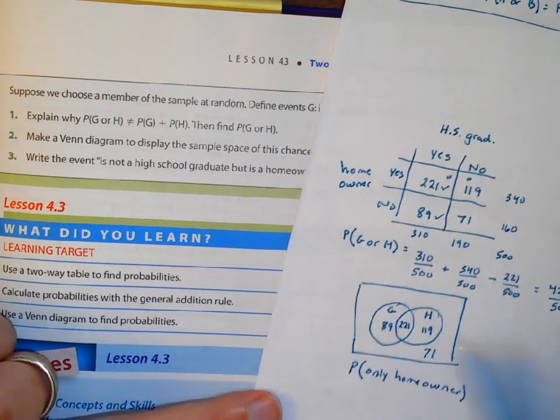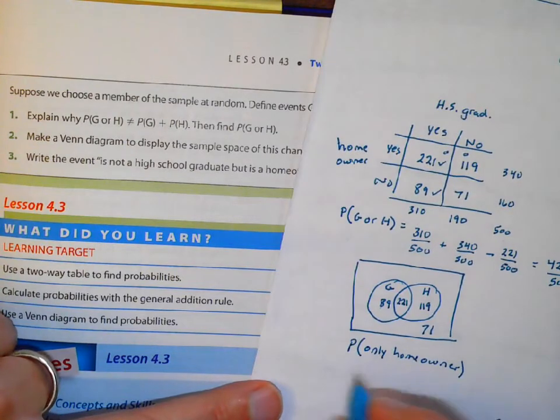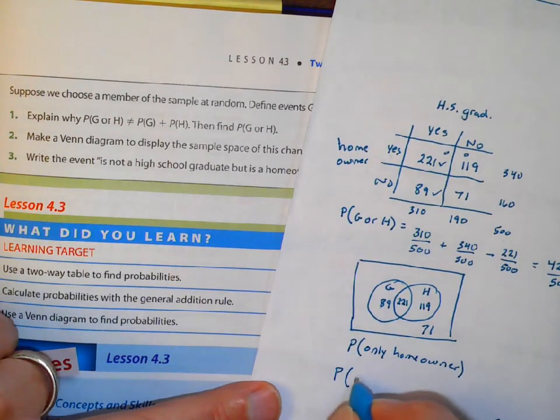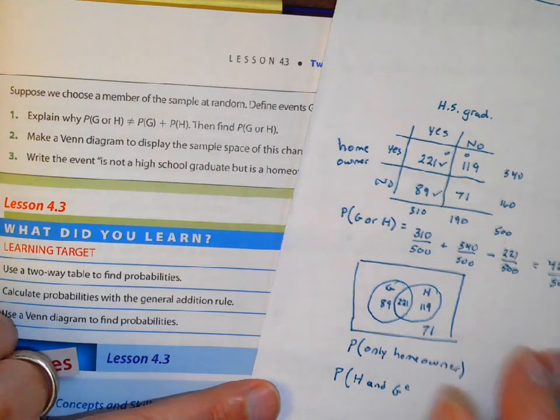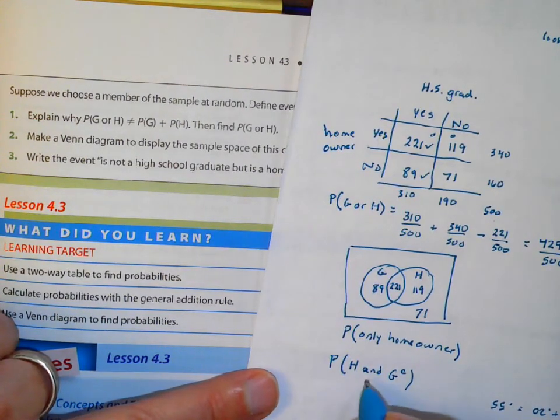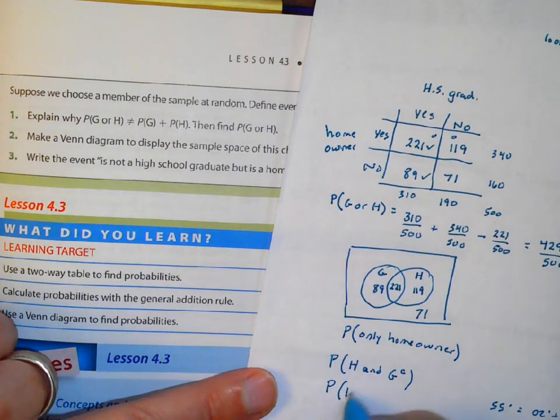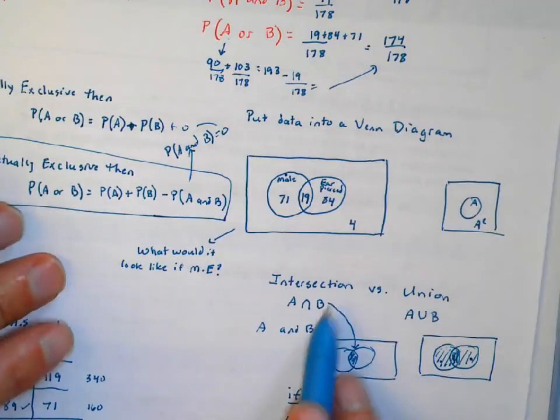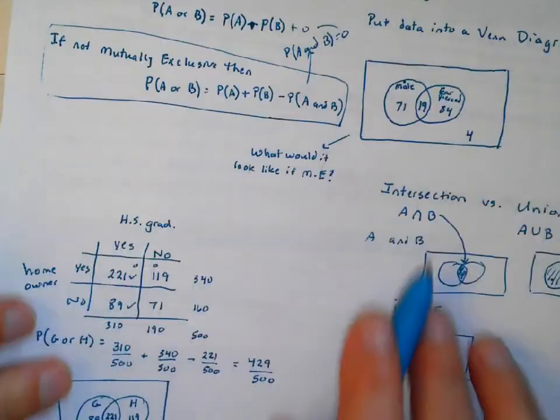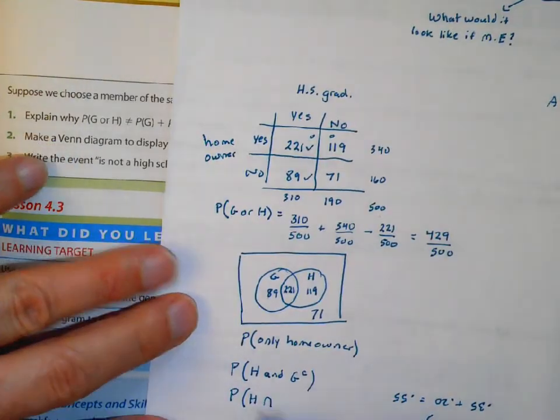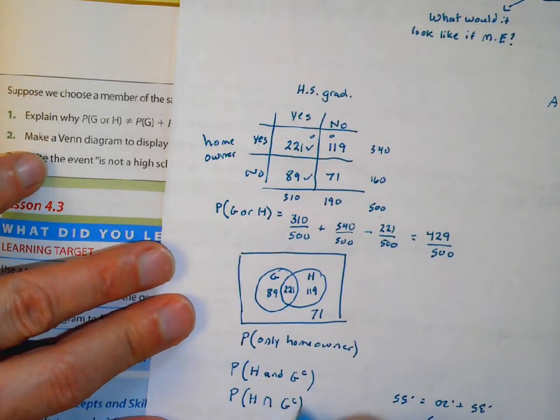Or you could say also probability of homeowner and not a graduate, so graduate complement. Okay, if we think about the union and intersection, we want both to be true, so it's the intersection of homeowner and complement of a graduate.